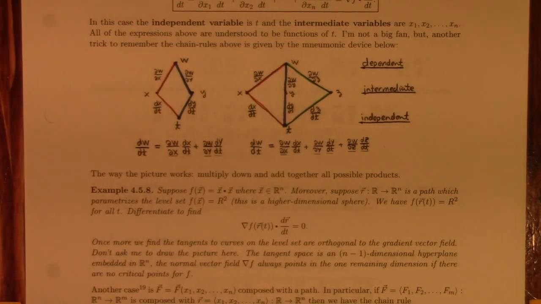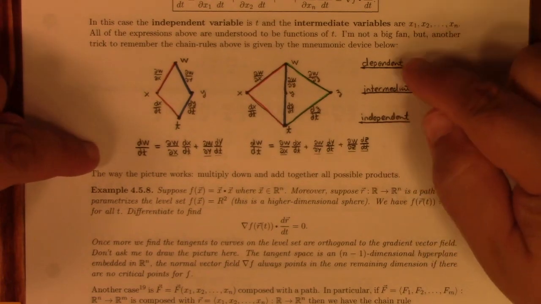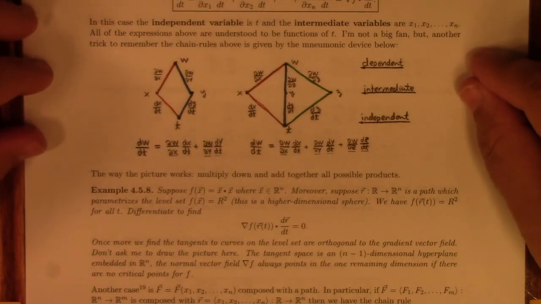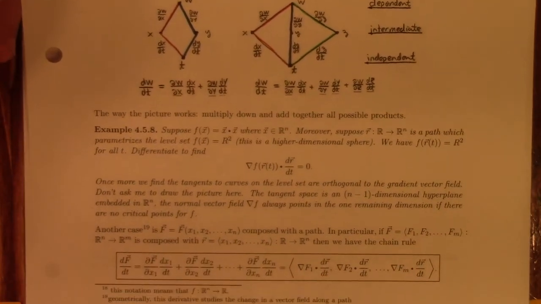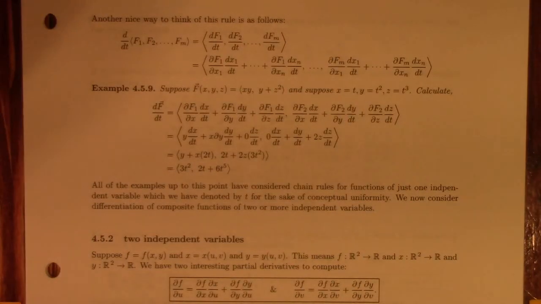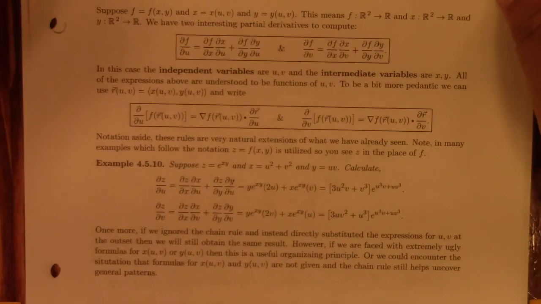So there you go, and that is a way to remember how to form the chain rule in terms of the dependent, intermediate, and independent variables. And then my next example discusses the geometry of the general chain rule, which I'll let you read. So, in fact, I'm going to go on here to 2 independent variables.